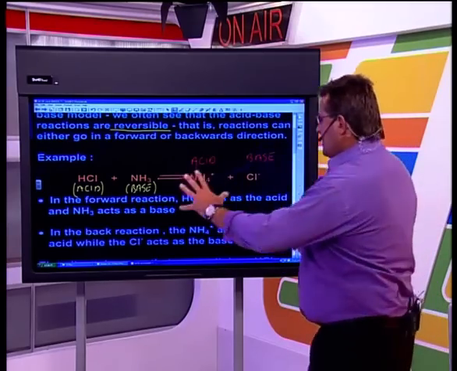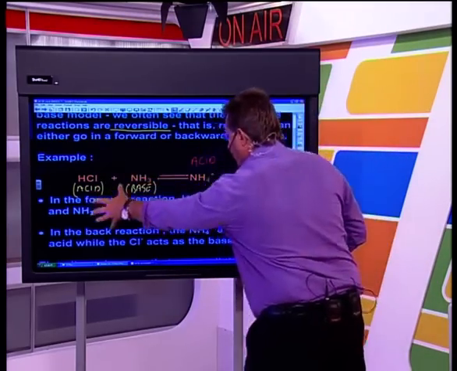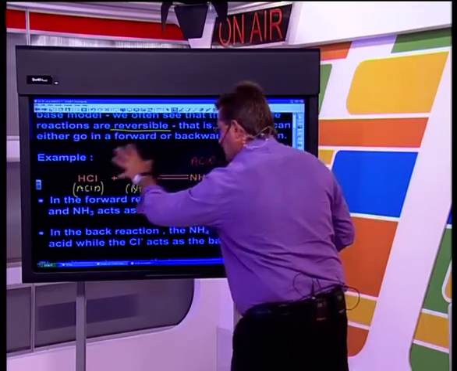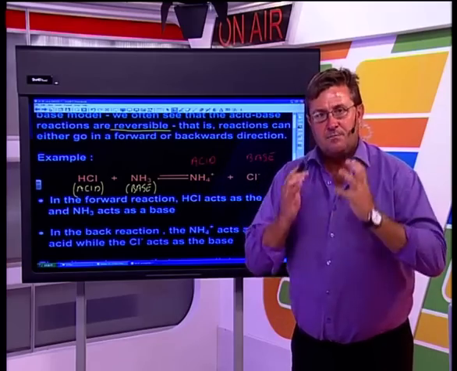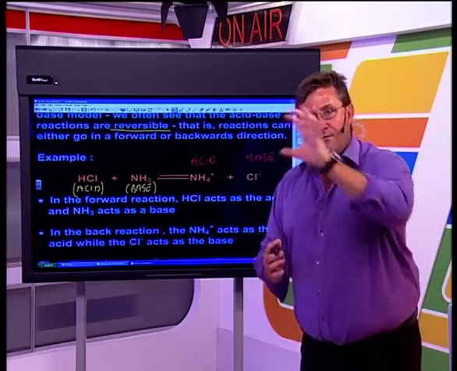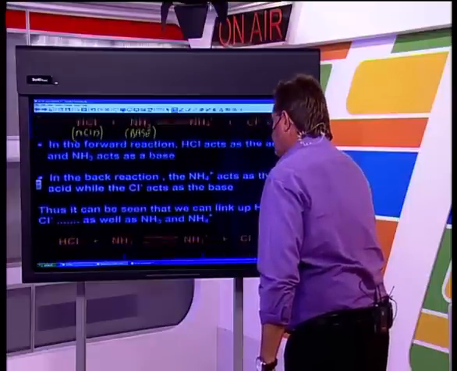So guys, can you see now that we're going to start linking up our forward and back reactions, and from there we're going to try and now identify acid-base pairs based on the forward and back reactions. So, how do we do that?